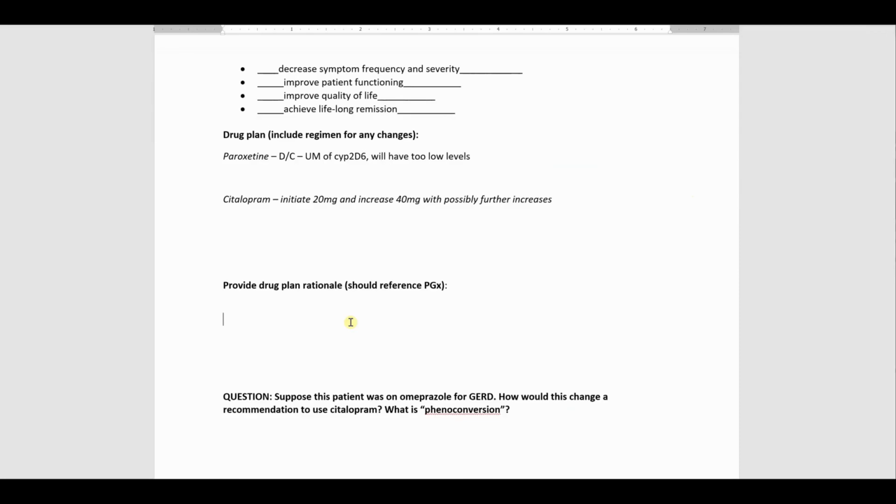So really our rationale here is, and I won't write this down, but we're just discontinuing. We're following CPIC's recommendation to discontinue paroxetine due to the ultra-rapid metabolizing CYP2D6 and go with a therapy that's not metabolized by CYP2D6. This patient's a normal metabolizer for 2C19, and that's the main pathway of citalopram's clearance, so we're probably in the clear here.